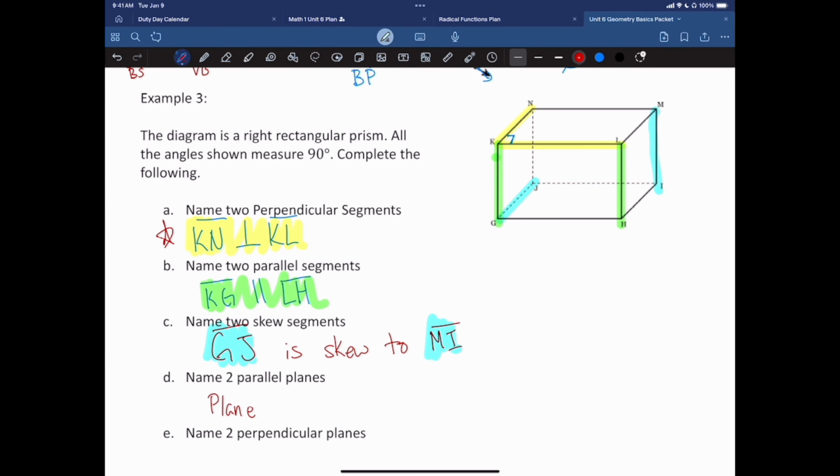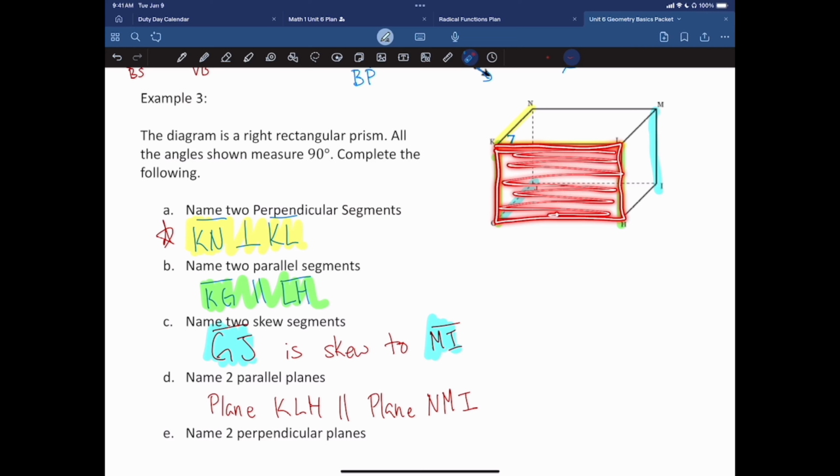So we have KLH, you only need 2 points, is parallel to plane NMI. Right, so again, to help you visualize it, plane KLH, this piece of paper here, is going to be parallel to this plane back here.